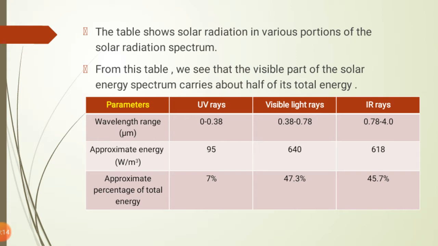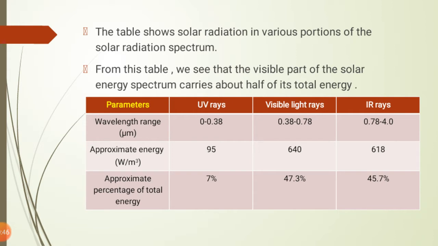Now the next parameter is the approximate energy. Generally if we measure the solar intensity with the help of an instrument used for measuring solar intensity, we will get maximum intensity in the range between 700 to 1000, or sometimes, when the intensity is more, nearly 1200.